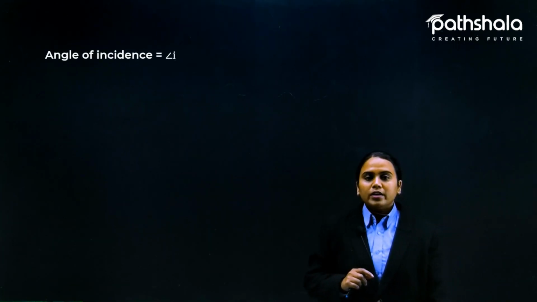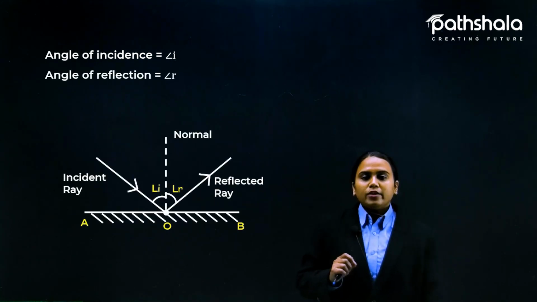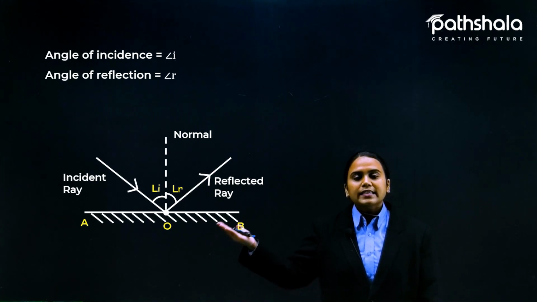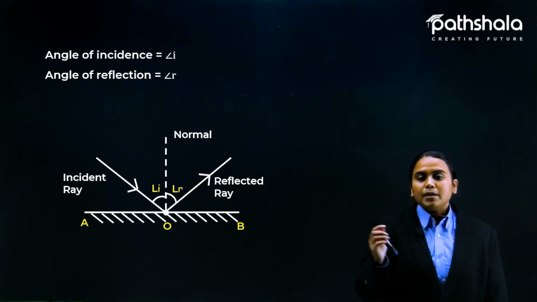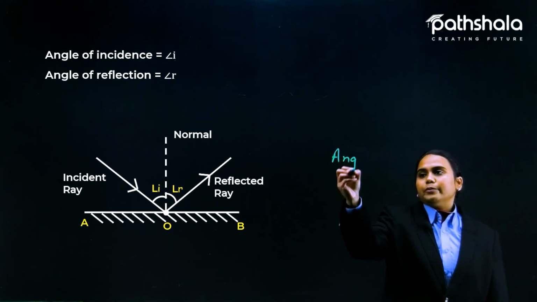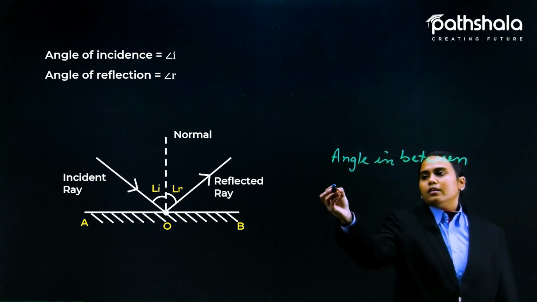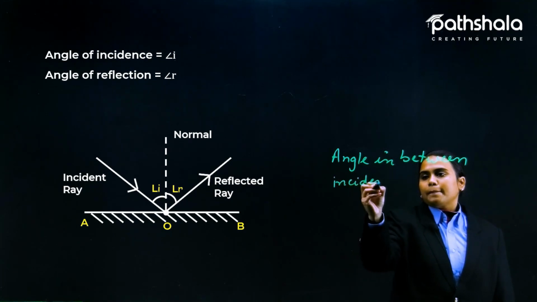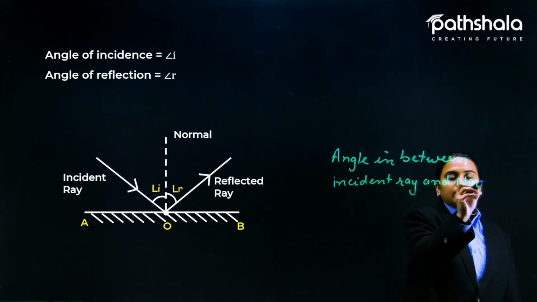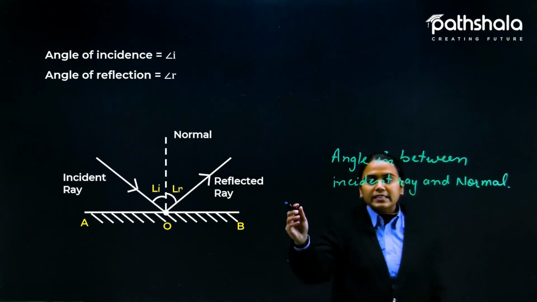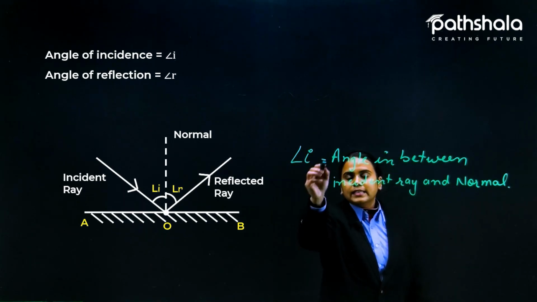Okay students, so here are the angle of incidence and the angle of reflection. I need to show you what the angle of incidence and the angle of reflection are. As you can see, the angle in between the incident ray and the normal is the angle of incidence, and this is its sign.